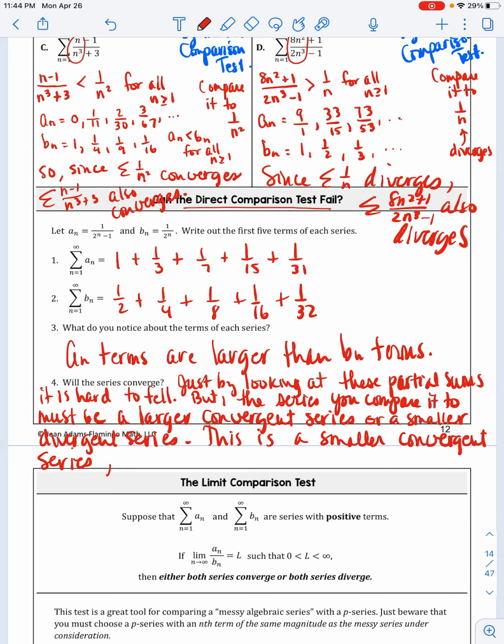This is a smaller convergent series. So it doesn't follow the rules for the direct comparison test.